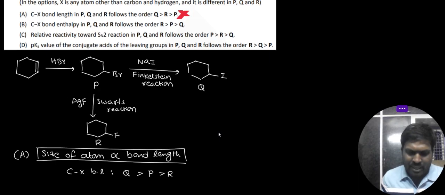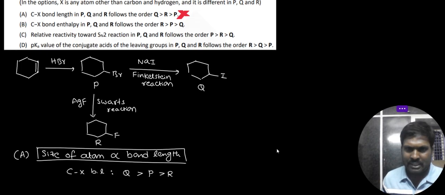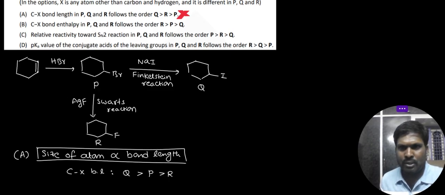Now coming to B: the C-X bond enthalpy in P, Q, R follows the order. Bond enthalpy means bond dissociation energy. As bond length increases, bond dissociation energy decreases; bond length is inversely proportional to bond dissociation energy or bond enthalpy.